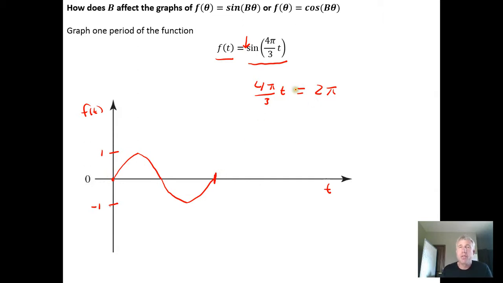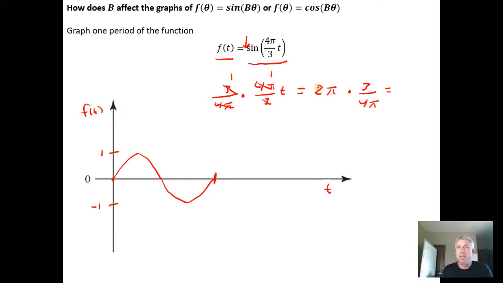And to get t by itself, I'm just going to multiply by the reciprocal of the coefficient on t. So I'm going to multiply by 3 over 4 pi, because when we multiply by a reciprocal, we get a 1. So I'm multiplying by the reciprocal of the coefficient, 3 over 4 pi, and then I can simplify things.